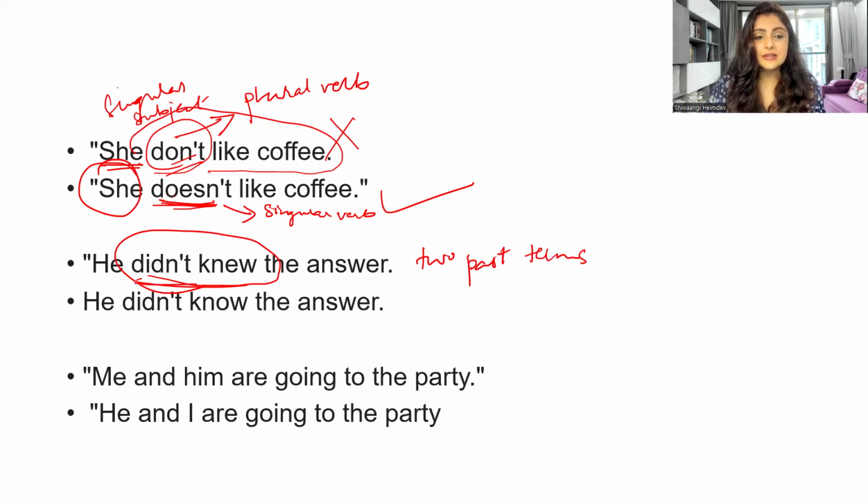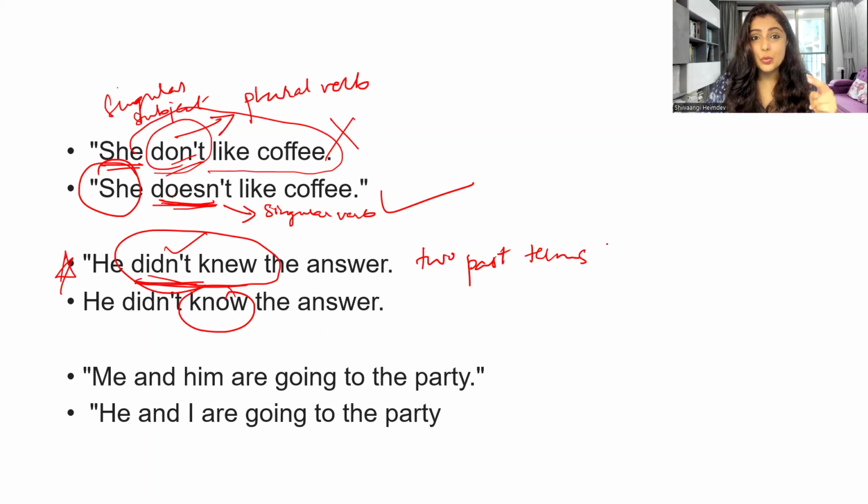"Didn't" is past, so because "didn't" is past, you need to have a present verb with it. You have to say "didn't know the answer." So again that's an application error that you make.